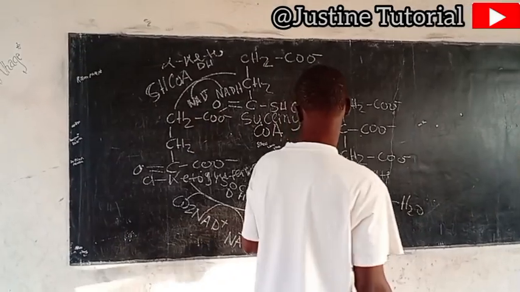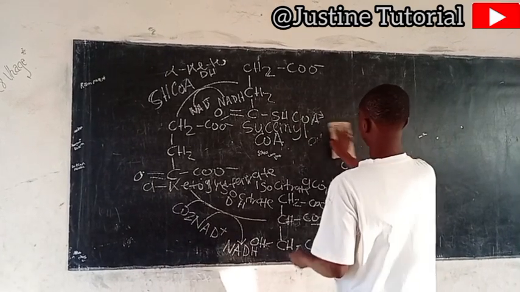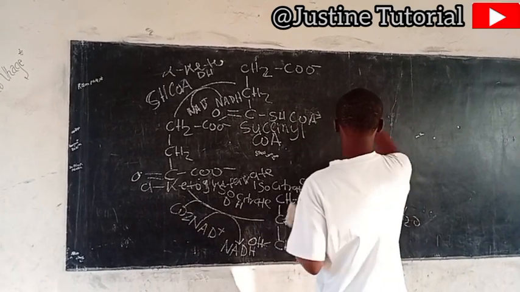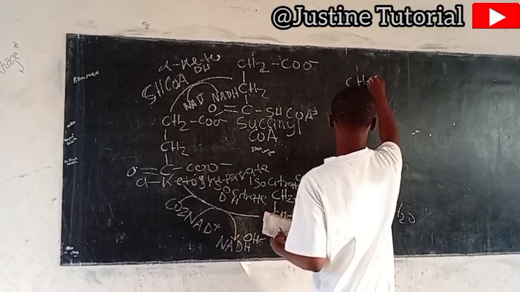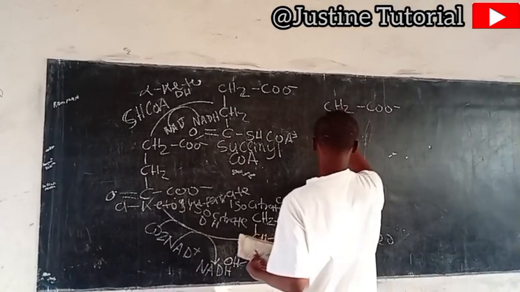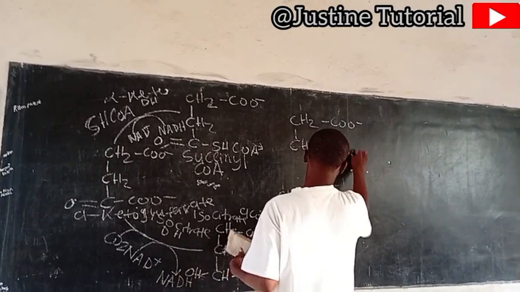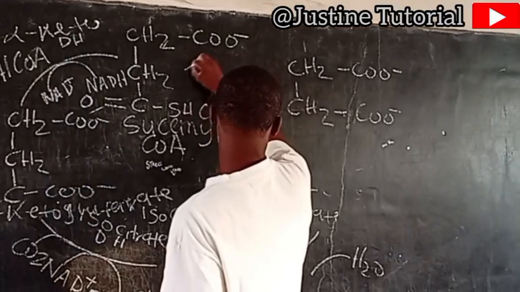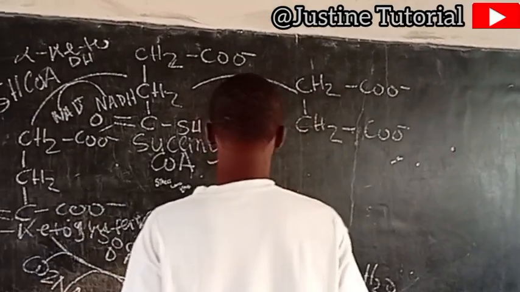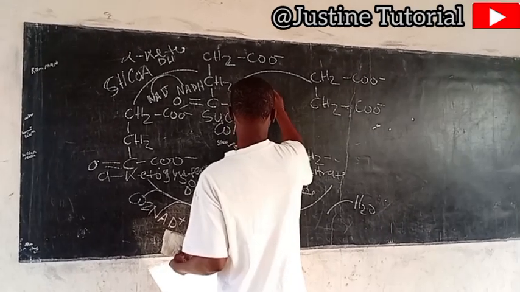Now, succinyl-CoA will be converted to succinate. The enzyme that will catalyze that process is succinyl-CoA synthetase.